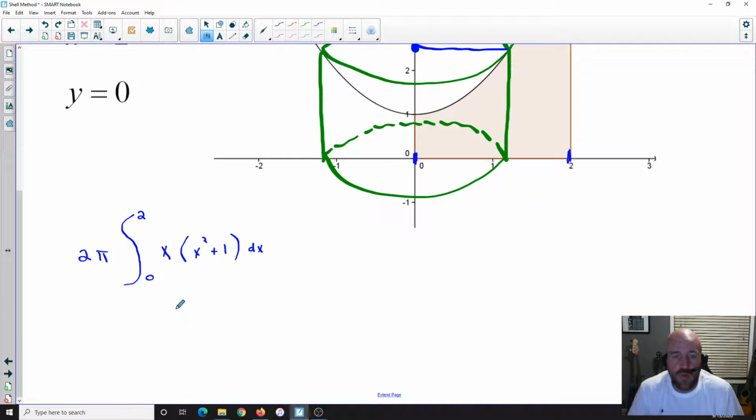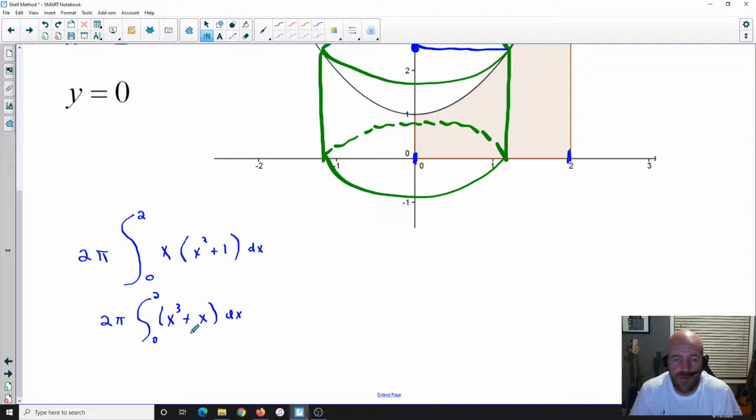So we can clean this up a little bit. So x cubed plus x, and then we have from 0 to 2, and then 2 pi on the outside. And we go ahead and integrate this.